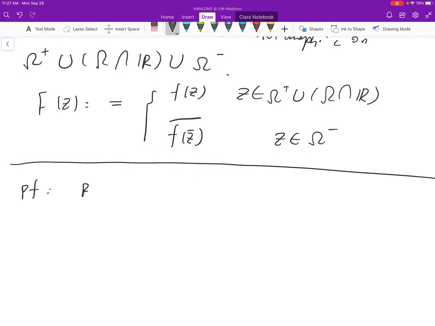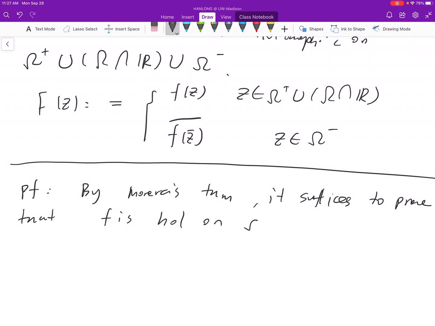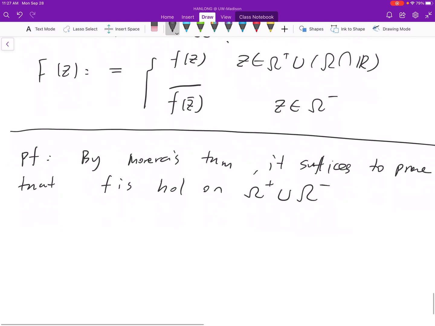So proof. By Morera's theorem, it suffices to prove that F is holomorphic on the union of omega plus and omega minus, getting rid of the real number line, and continuous on the whole domain.